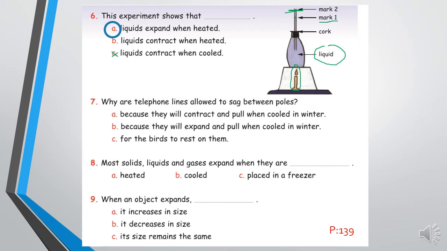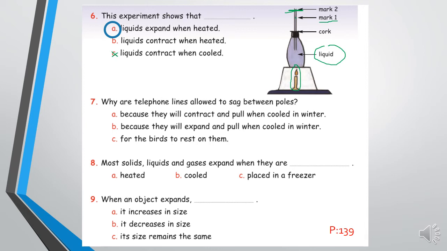Now, part 7. Why are telephone lines allowed to sag between poles? Part A. Because they will contract and pull when cooled in winter, or Part B. They will expand and pull when cooled in winter, or C. For the birds to rest on them.